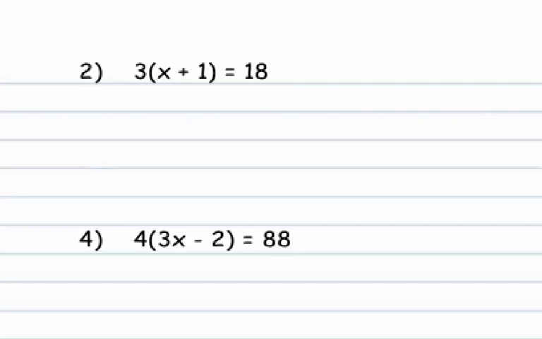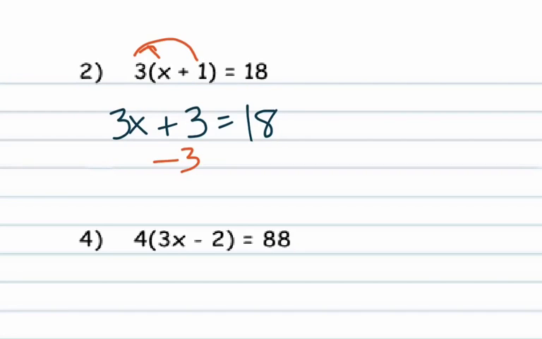and then watch the video. So we'll take 3 times x and 3 times 1. So we're going to get 3x plus 3 equals 8. Then we're adding by 3 and multiplying by 3. So we're going to subtract 3 first.